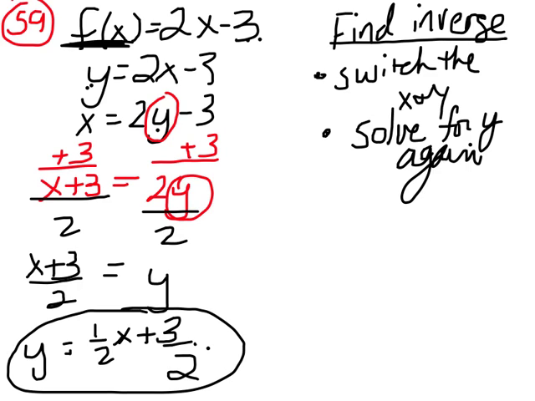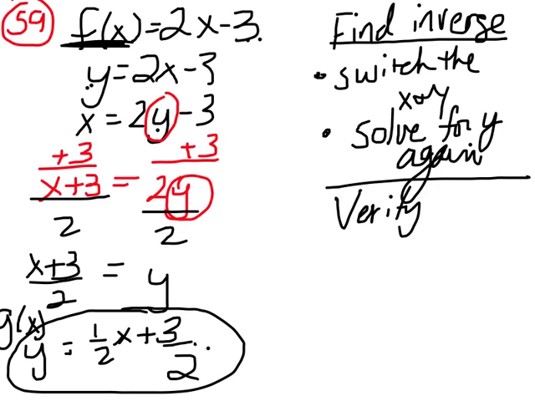And if you missed yesterday, or just to remind you, when it tells you to verify that these are inverses of each other, you have to look at this as one function, and maybe we call this function g of x. One way of notating an inverse is to say f inverse of x equal all that.